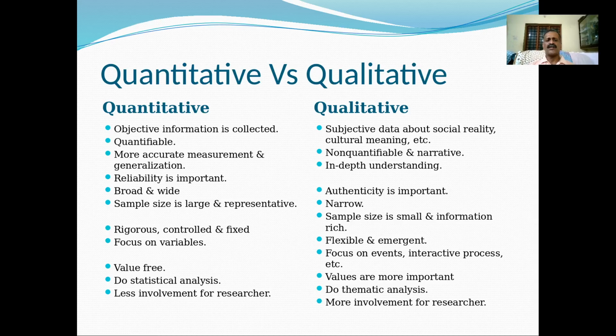So quantitative data, as I mentioned before, is always quantifiable. It is more in numerical form. It will get us a quantity, whereas the qualitative data is non-quantifiable and in a narrative, descriptive form. We can quantify some of the experiences.